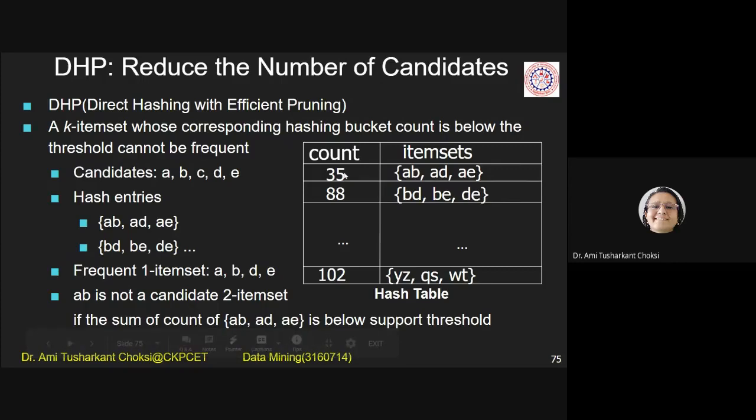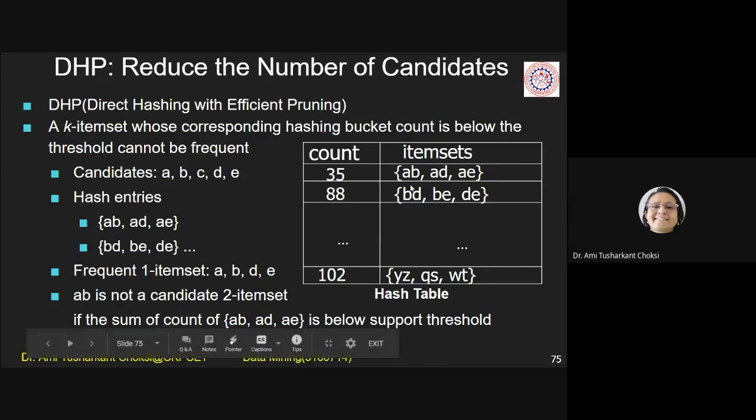Here we can say it is 35, right? Now, if the total count of all these three items is below the threshold value given for this example, suppose the threshold value given is 50, and the total count of AB, AD and AE is, say, 35, it is less than the support threshold of 50.